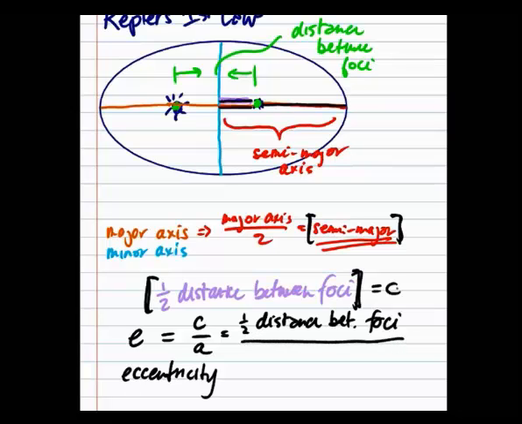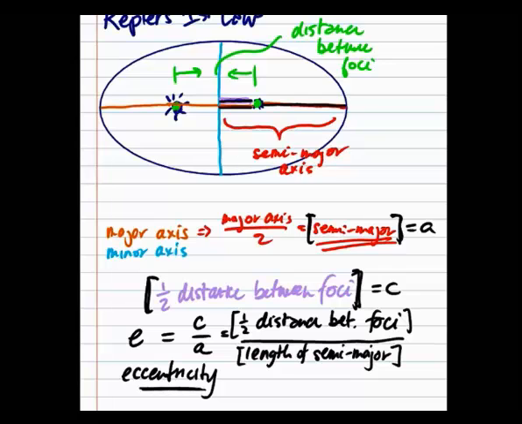So I'll write out C here. And then the length of the semi-major axis is what's equal to A. That's up here. Okay, so we can see that we have a small number divided by a larger number, and that's what tells us the eccentricity of an ellipse. If we do that correctly, we should get an eccentricity between 0 and 1.